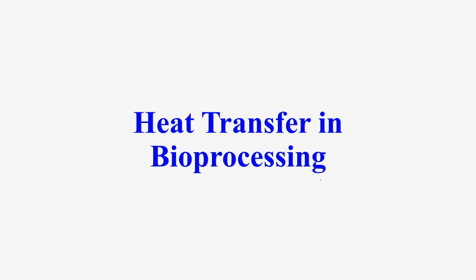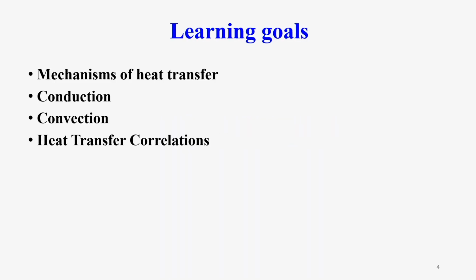In this lecture we will be mostly covering the mechanism of heat transfer. There are three mechanisms, and we will briefly discuss each one of them: conduction, convection and radiation, followed by a few heat transfer correlations to estimate the heat transfer coefficient.